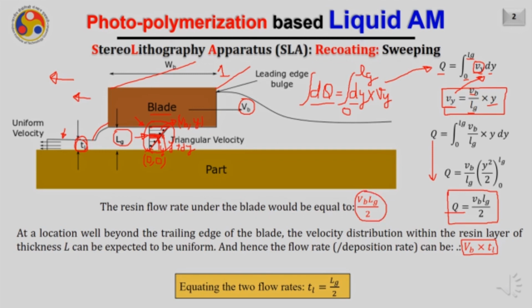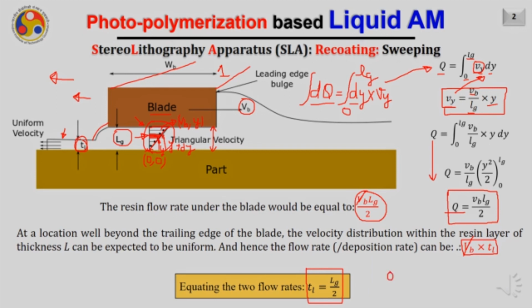Now these two flow rates should be equal due to the conservation of mass, and hence the Vb will get cancelled, and finally you will have TL equals Lg by 2. So whatever the gap between the blade and the part's top surface is, the deposited layer or the spread layer thickness will be half of it.